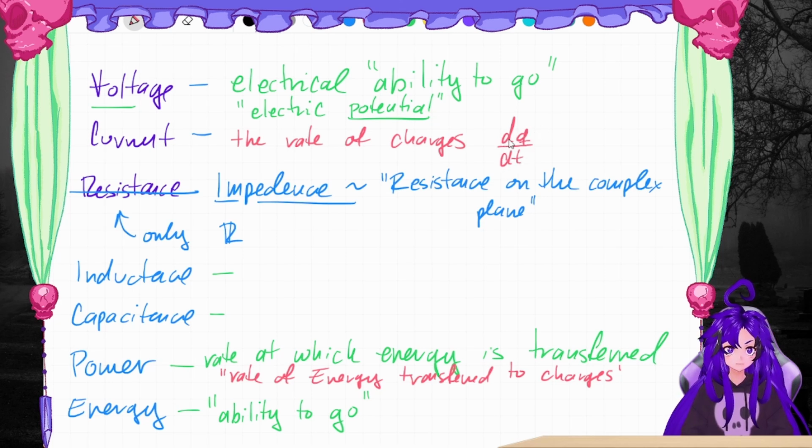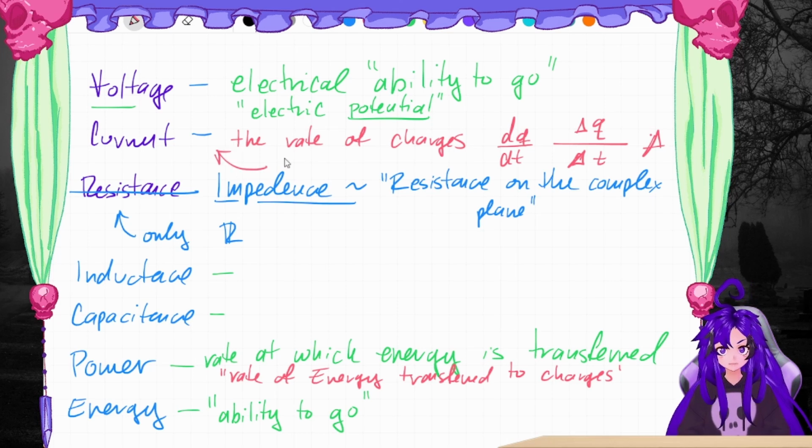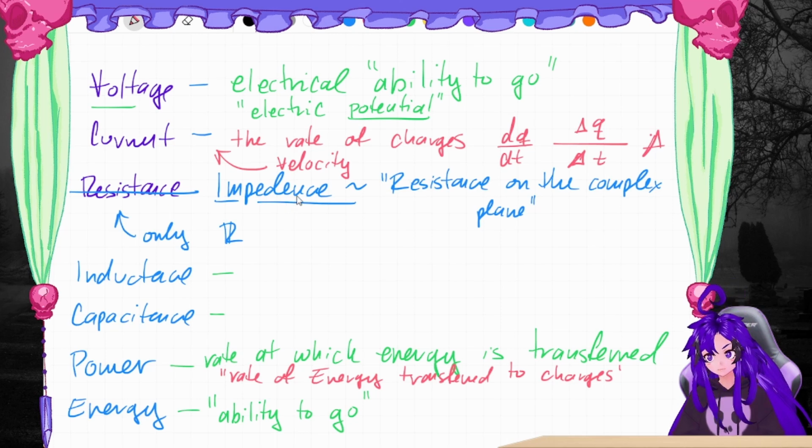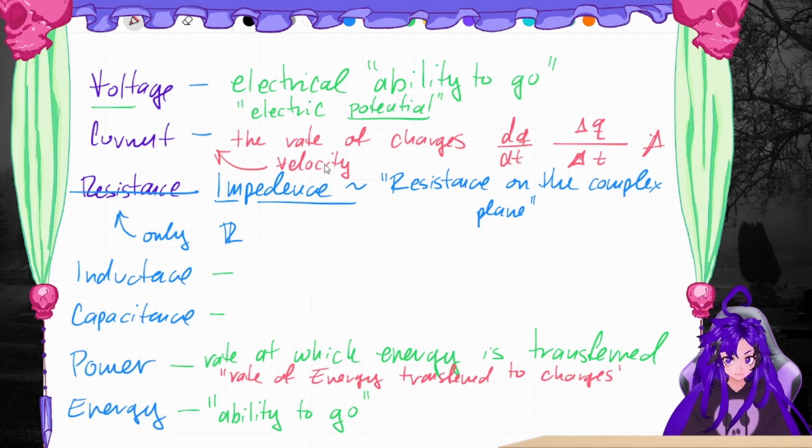It's literally how many charges in how many seconds, which is how you get amps. So let this be more like velocity in your head. And when you let it be velocity specifically, you know that it has a direction. Whatever plus or minus is, the sign of the current is its direction. So that's how this can relate to these.